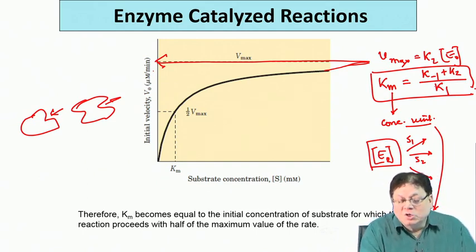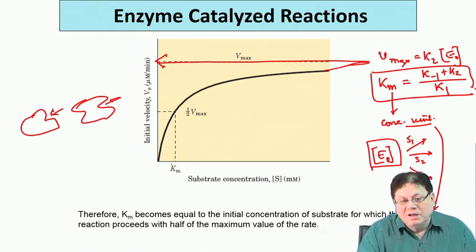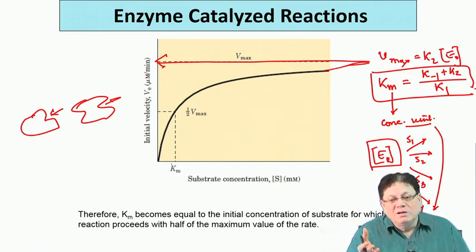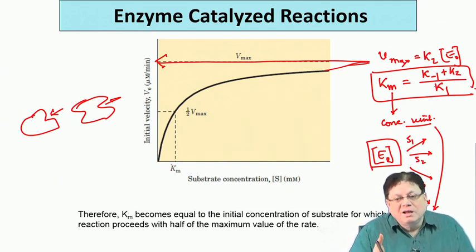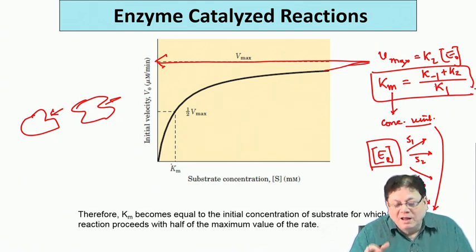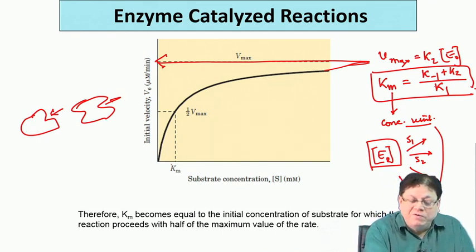This is what is called saturation. At this point, the enzyme is saturated with the substrate, like a saturated solution when you add sodium chloride to water. If your water content is fixed, then after a certain point the sodium chloride will not dissolve any further. It is very similar to that. That is why this is called saturation of the enzyme. This is your V max.